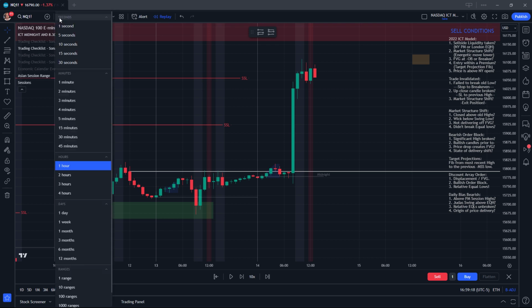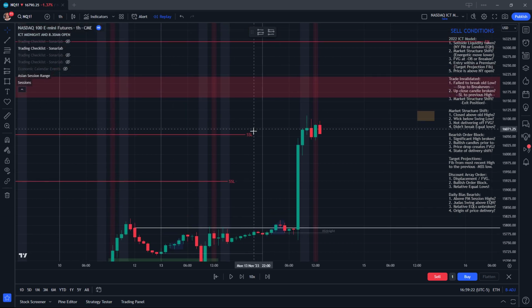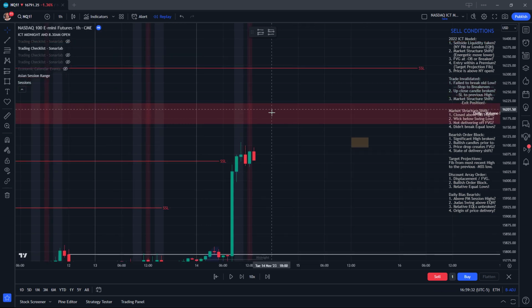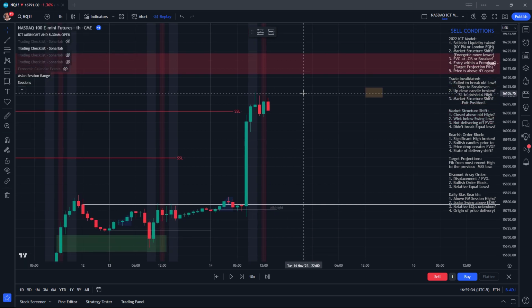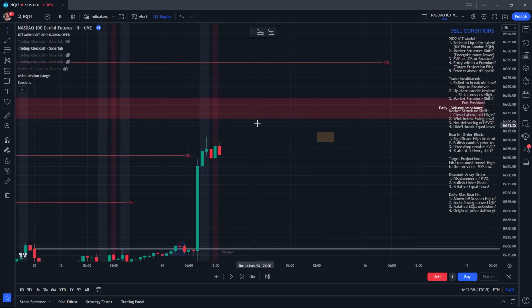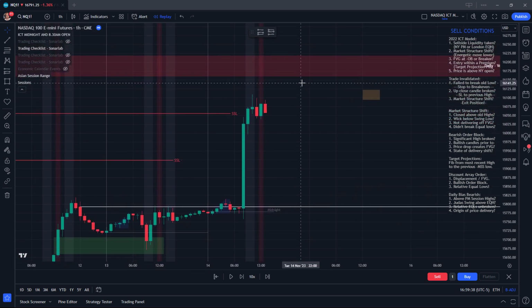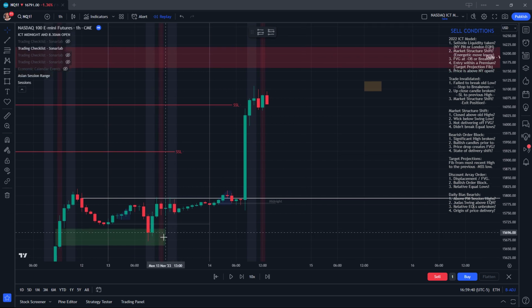Since price is, I mean, we could argue that price is taking the sell side liquidity here, but we are really close to this volume imbalance, and price left the fair value, originated from here.